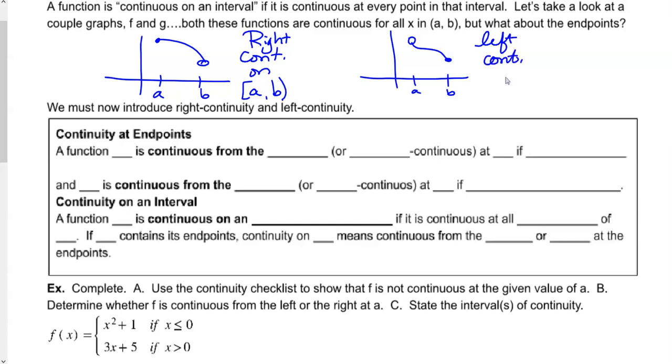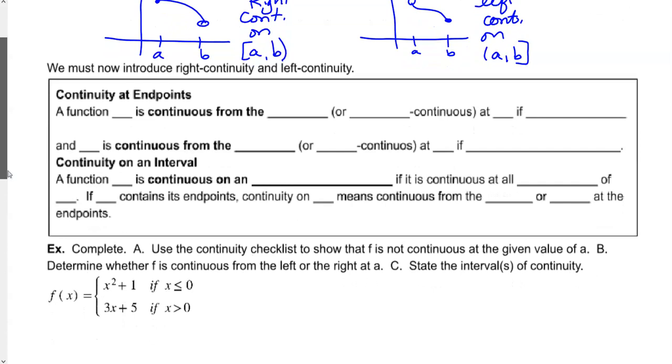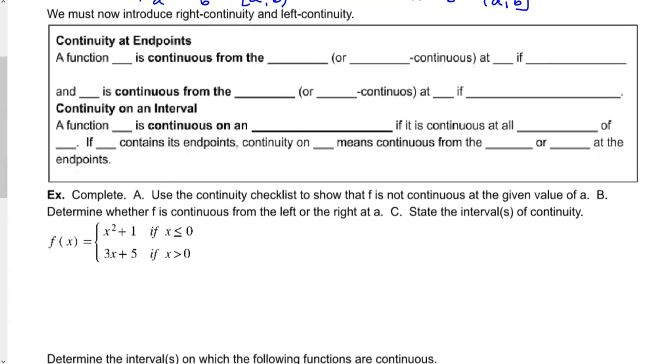Left continuous on, now not including a, but including b this time. So those are the types of things that we're going to include and check when we're working with continuity at endpoints. We can use our theorems to talk about the majority of the values being continuous on the domain, but here we have to use left and right continuity in order to combine the endpoint in on that.